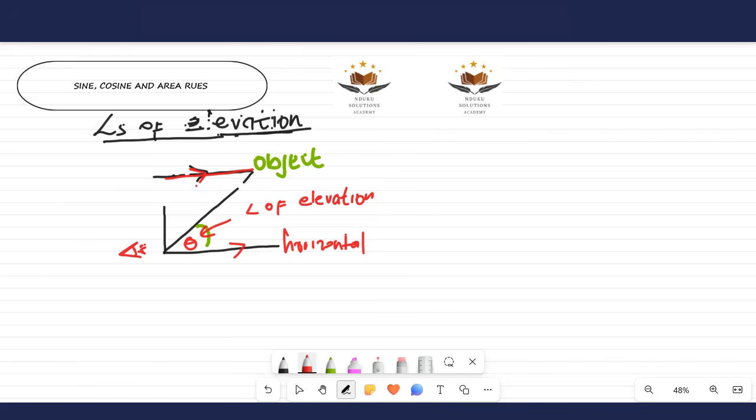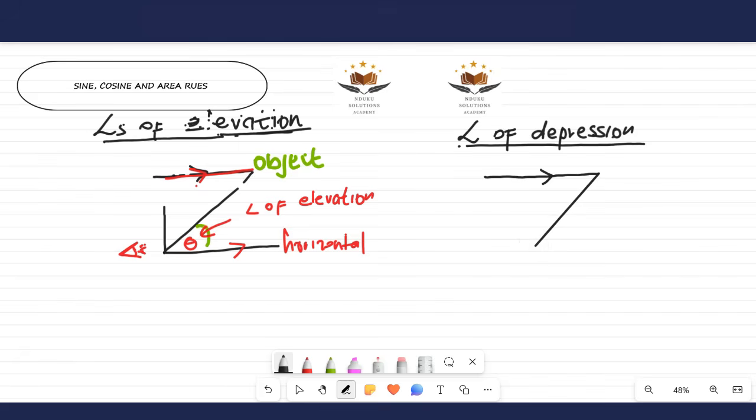And then we also have what we call the angle of depression. Please check the difference between the two. I'm going to draw again the horizontal line, which is parallel.